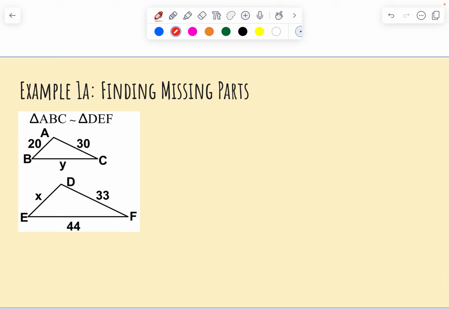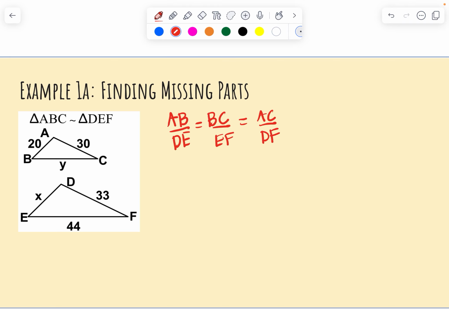So let's look here. They're telling me that triangle ABC is similar to triangle DEF, which means I know that AB divided by DE equals BC divided by EF equals AC divided by DF.